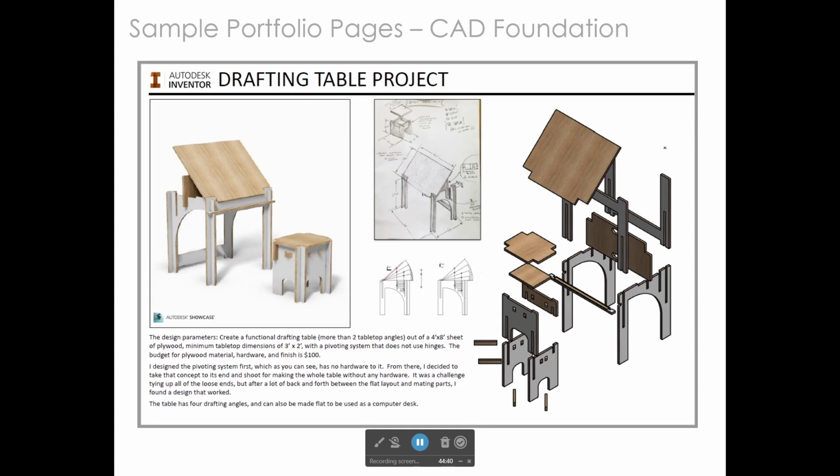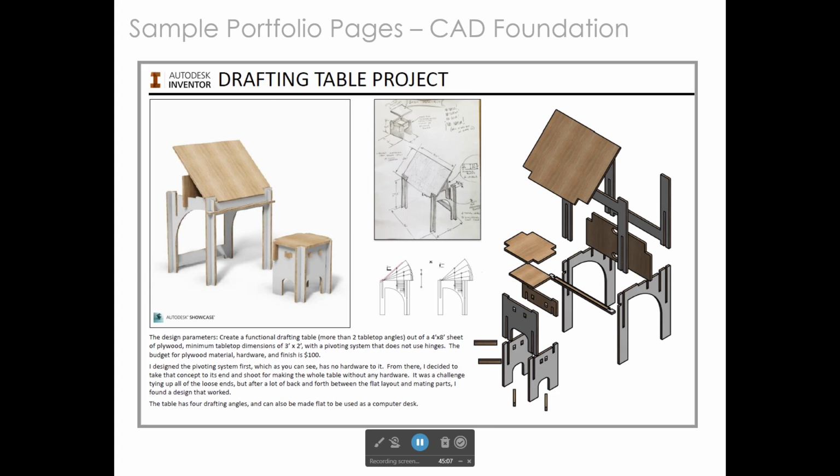Here's another example. This was made in the 1433 class. This is using Inventor. This is a design project that we give our students in 1433. This is actually the design for a drafting table that was made by a student. The parameter of the design was that all you could use to design your table was one 4-foot by 8-foot sheet of plywood.